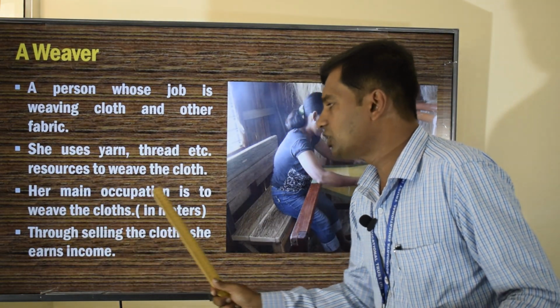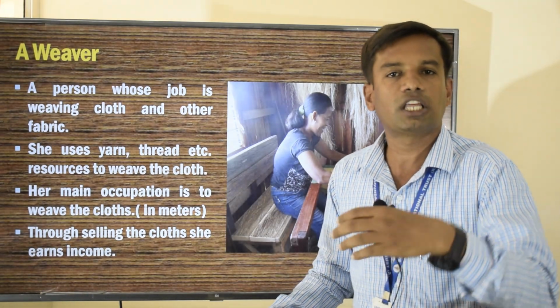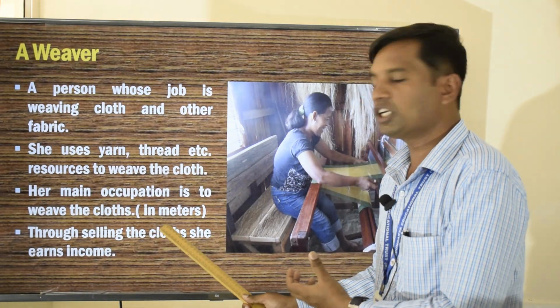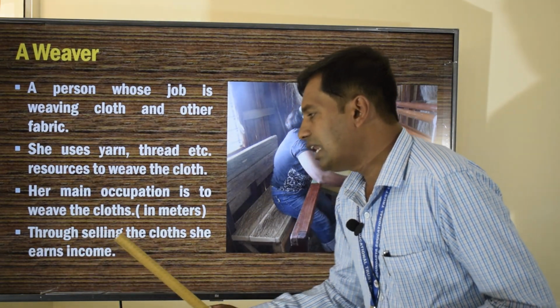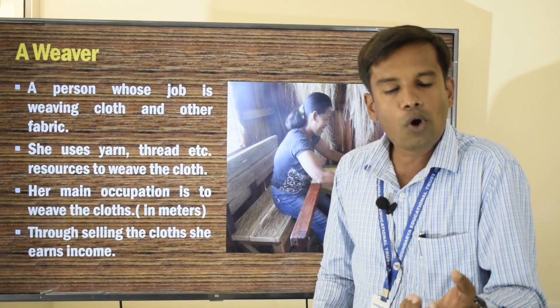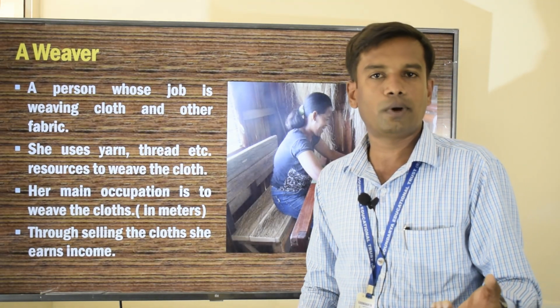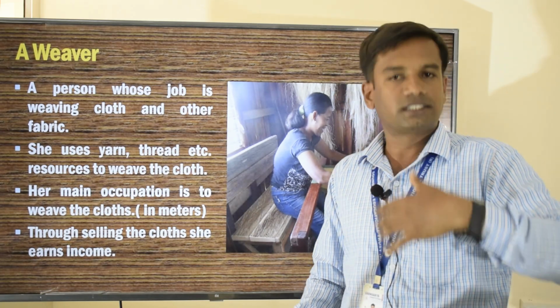Her main occupation is to weave the cloth, maybe we measure in meters. Through selling the cloths, she earns the income. So now she wants to make income. How is it possible? What she weaves, she has to sell. Then only she gets the income.